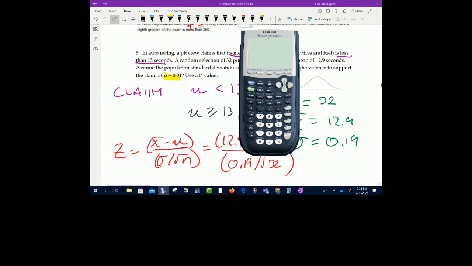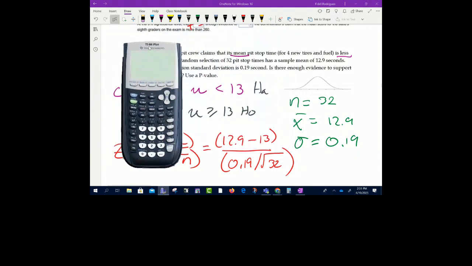Just like we did before, I'm going to use my calculator here. 12.9 minus 13, divided by 0.19 divided by the square root of 32. Two decimal places, y'all. Negative 2.98.